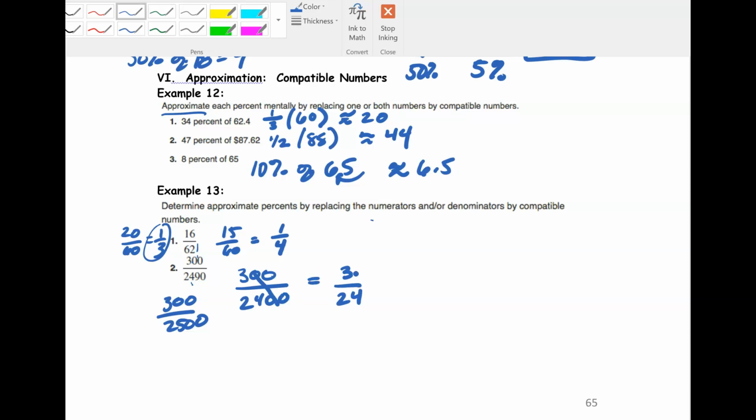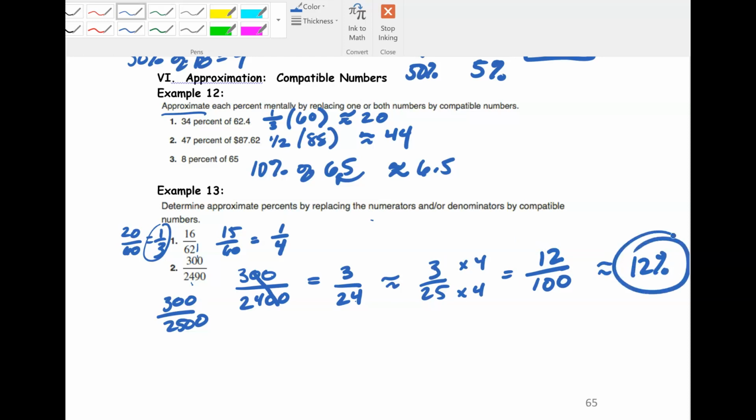The hard thing though is if you're trying to find a percent there, 24 is really close to 25, so I'd actually just round that to 25. And then if we multiply that by 4, that gives us 100. I'm trying to make the denominator 100 because I need a percent. So I'm trying to do this without a calculator. And then 3 times 4 is 12. So it's about 12%. That's probably how I would do it if I didn't have a calculator.